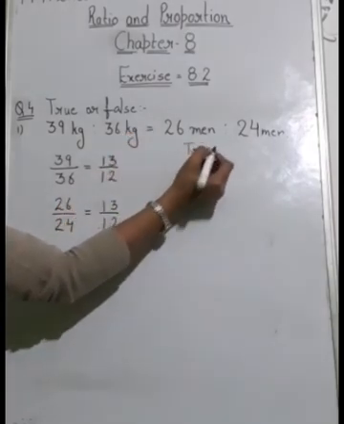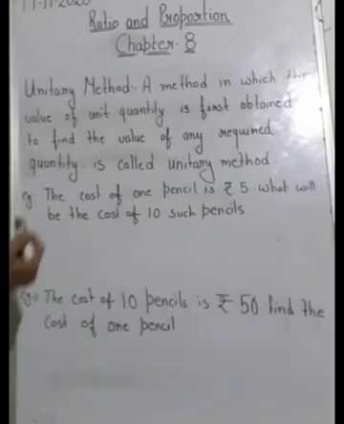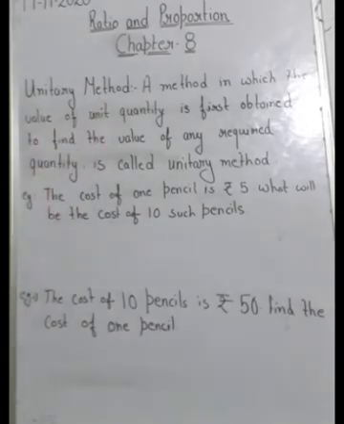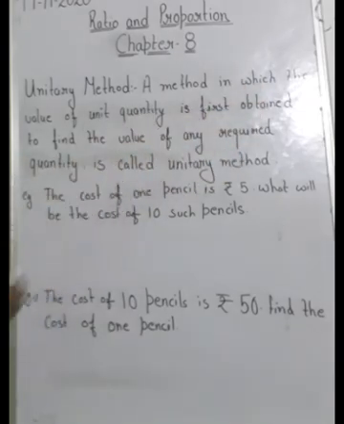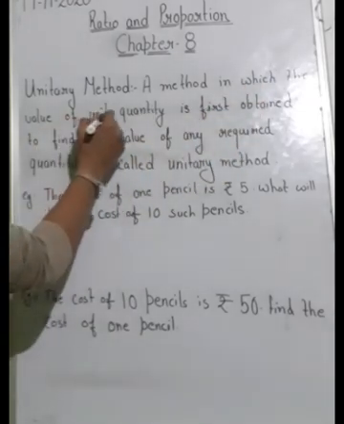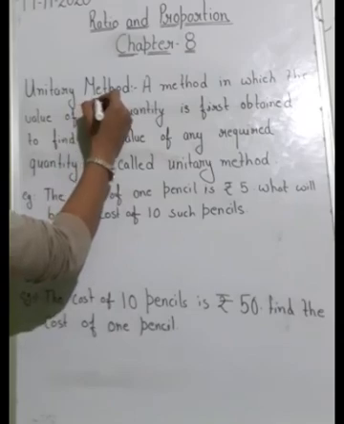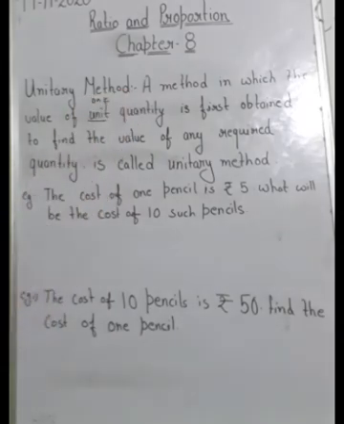Okay. Now students, the next topic we are having is your unitary method. Now what is a unitary method? A method in which the value of a unit quantity. Now what do you mean by this unit? Unit means 1.